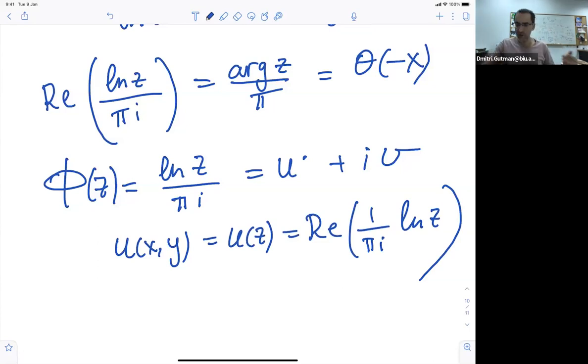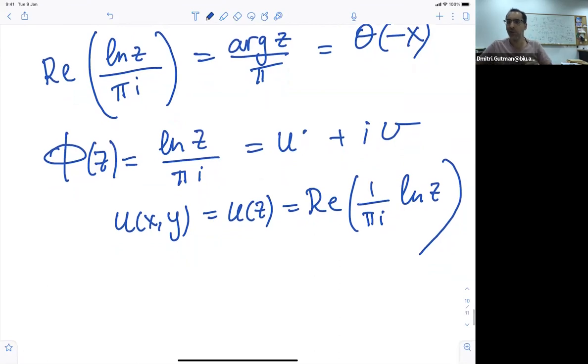So this function is necessarily harmonic, we know that, and we know it has the right boundary conditions of the Dirichlet problem, and therefore the problem is solved. Okay, did you follow this example?